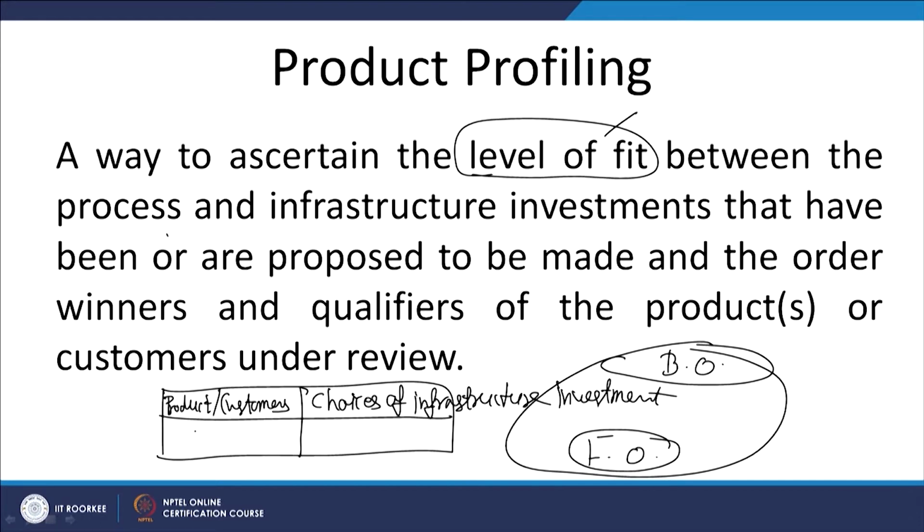Now, if you are reviewing your product A or market B, then what type of choices of infrastructure investment you have made or you are proposing to make, and whether those fit the order winners and qualifiers required for product A or customer B, because the review of product A and customer B is taking place on the basis of order winners and qualifiers.